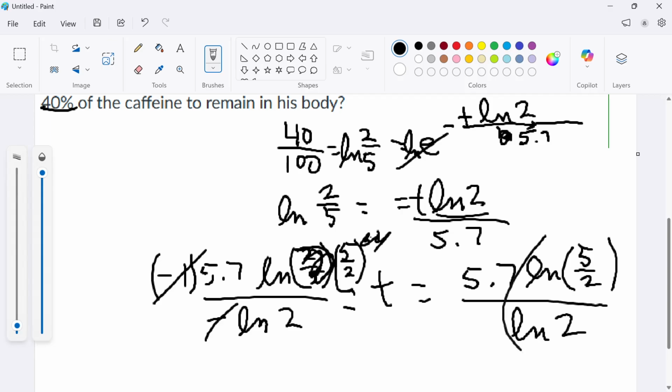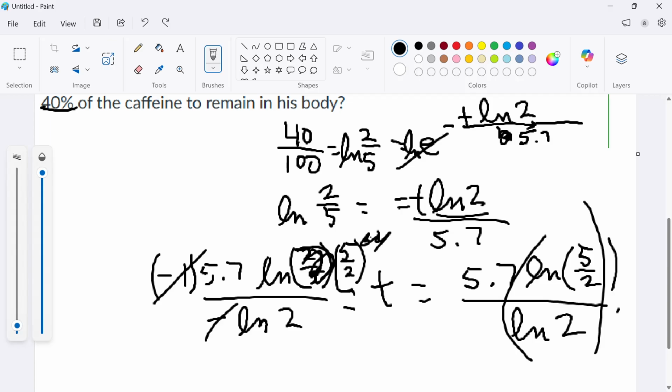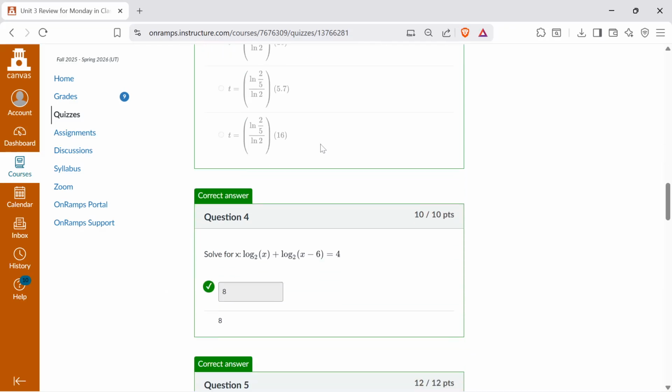Let me get more room so I can write it neater. They put times 5.7 over here, but either way, that's the answer. Log of 5/2 divided by log of 2, natural log, of course, times 5.7, not 5/7. All right, there's that one.